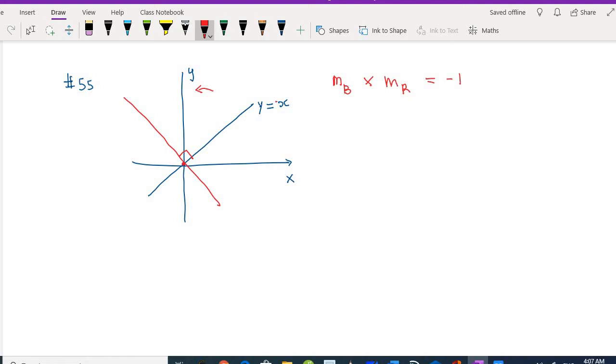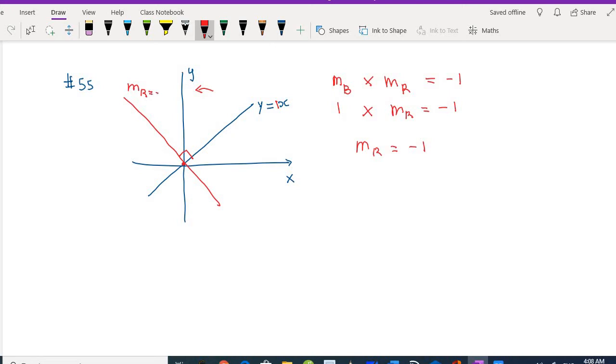Now, the gradient of the blue line here is 1. So 1 times this gradient MR will equal -1. So it means that MR, the gradient of the red line, will be equal to -1, because 1 times -1 equals -1.